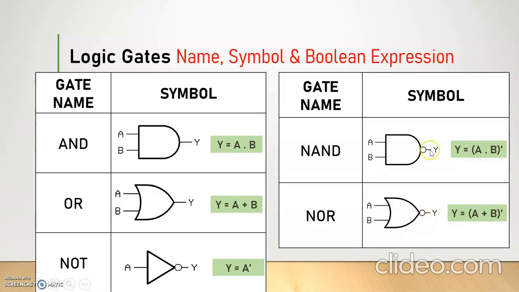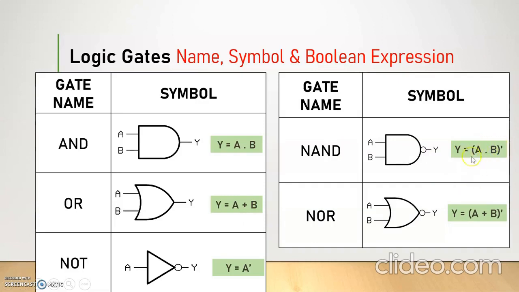And the expression is going to be like this. We have seen this earlier. So for NAND, we are going to have A and B in brackets, then prime, because everything is going to be not. A and B first, and then not.